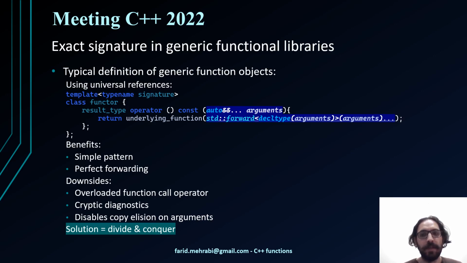But at the same time, it has the downsides of defining an unlimited number of overloaded function call operators, as well as cryptic diagnostics when an error occurs in the program, and also the case of copy elision, which is the newest optimization adopted into the C++ language, is disabled.